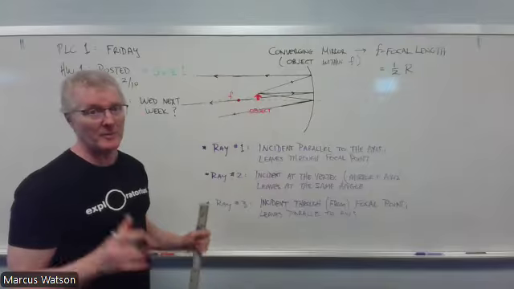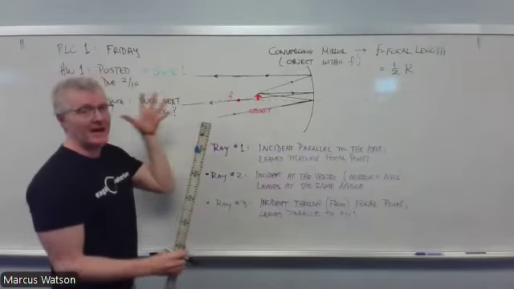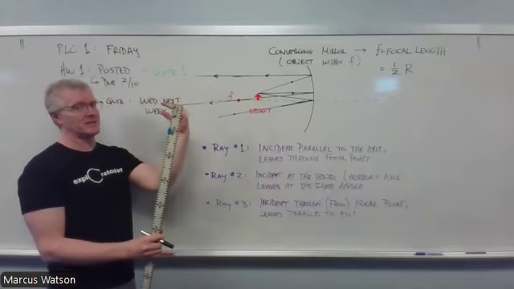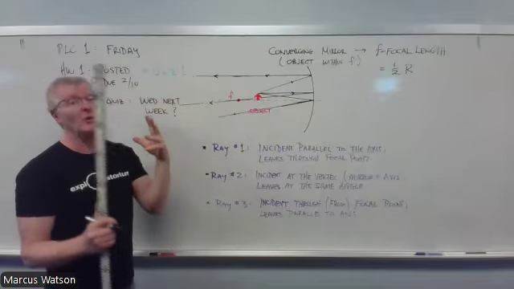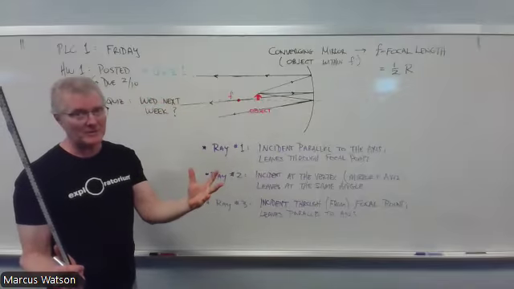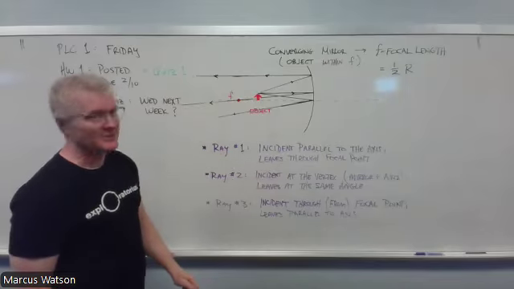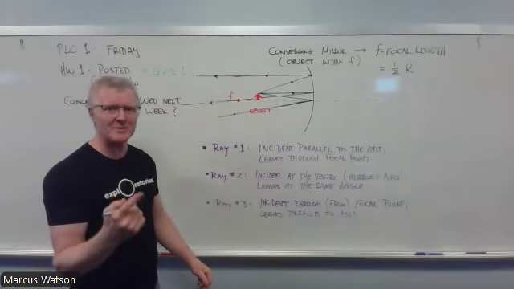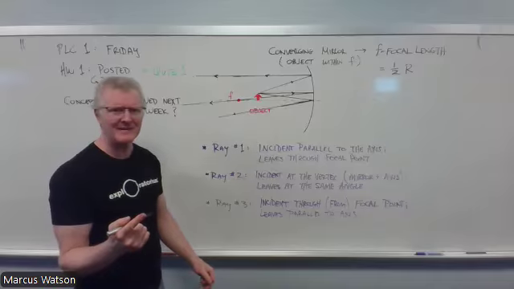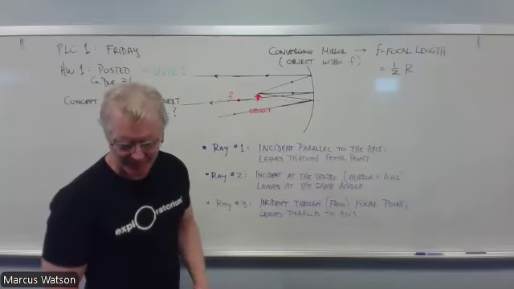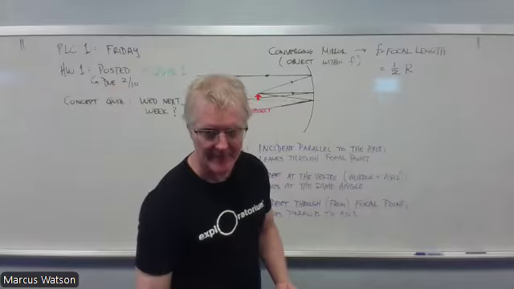So remember what we did for the plane mirror. Now if my eye is here and I'm catching these rays as they are diverging and going into my eye, what do I need to do? Where is this image going to be? Think carefully.